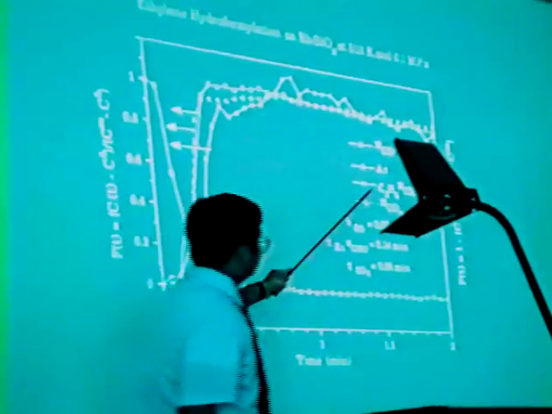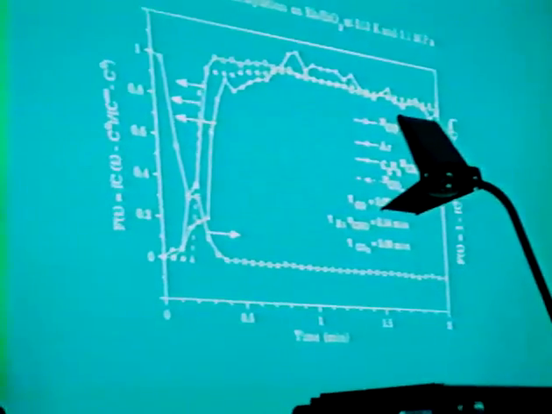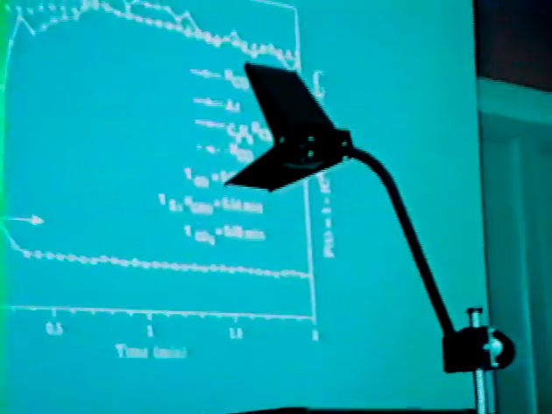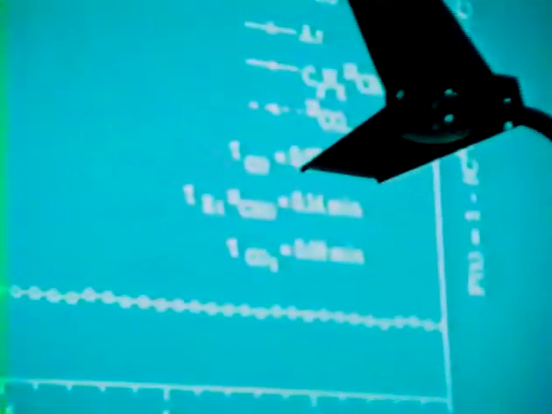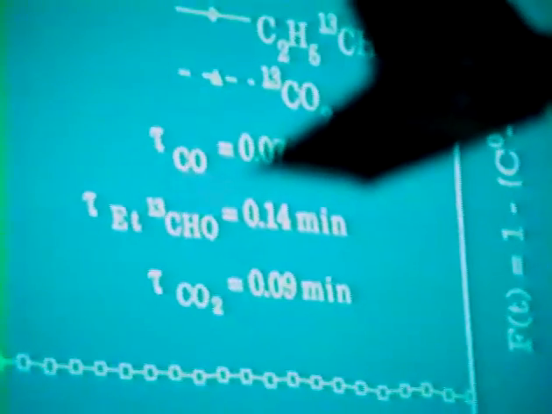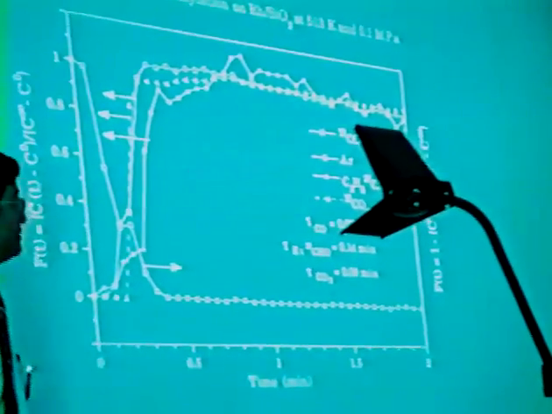However, in this case, the propionaldehyde comes out much faster than the formation of propionaldehyde on the cesium-promoted catalyst. And as you can see here, the residence time for the intermediate leading to this species is only 0.414 minutes. So cesium appears to cause the catalyst to interact strongly with the propionaldehyde species. Next please.